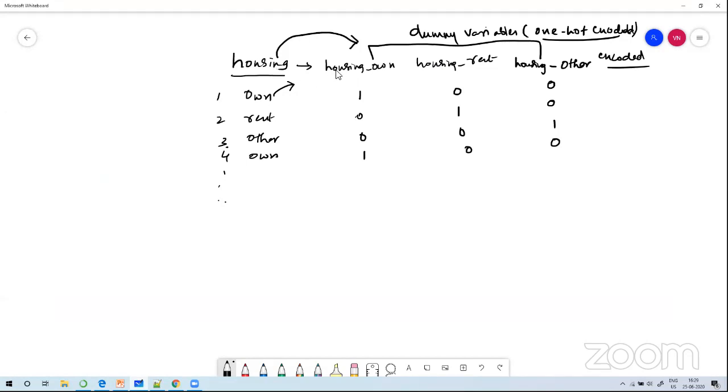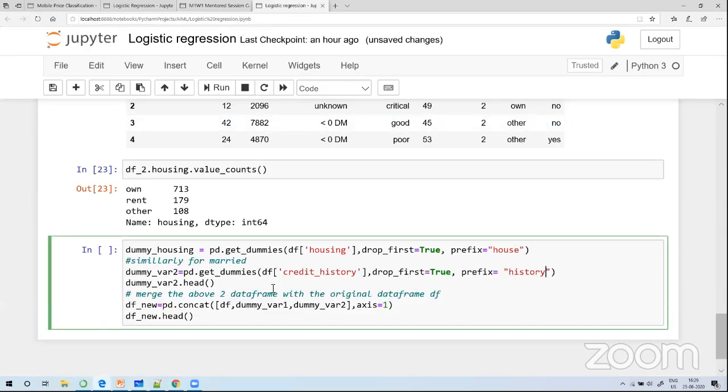So housing_own, housing_rent, housing_other. This suffix will tell what was the original variable and what is the newly created variable. And this is for history. So let's name it as hist.